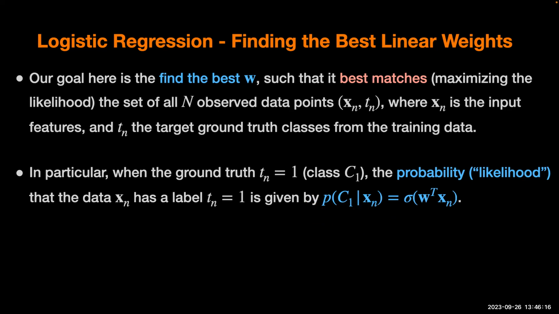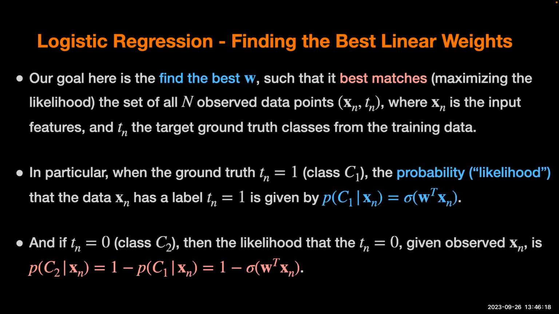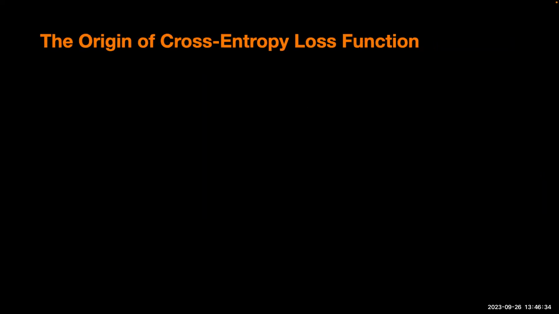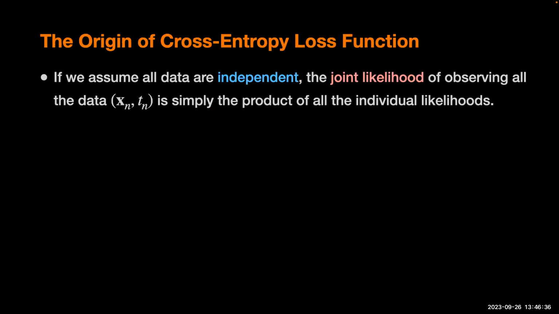So this, of course, is in the case of Tn equals 1. If Tn equals 0, class 2, then it's just 1 minus this term. And this is the likelihood of observing this one data point. But I have a bunch of data points, right? So I want to optimize the product of the likelihood. Just like in the linear regression, if I can write down the likelihood for one data point, I can write down the likelihood of all the data points by taking the product of all the likelihoods, right?